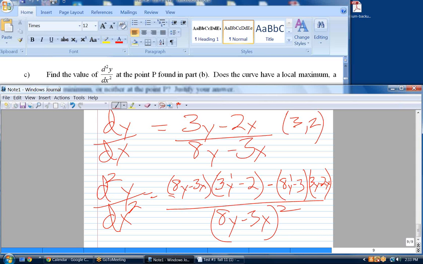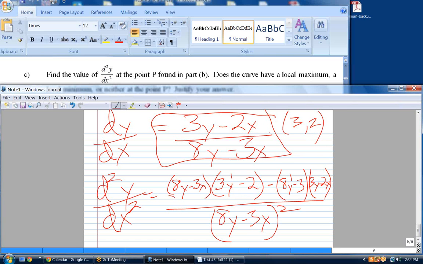Now we have to substitute for our y prime. Probably the easiest way is to figure out what y prime is based on these two numbers, and then I won't have to substitute this big long variable.